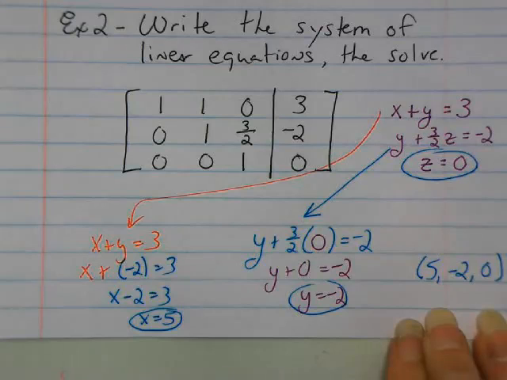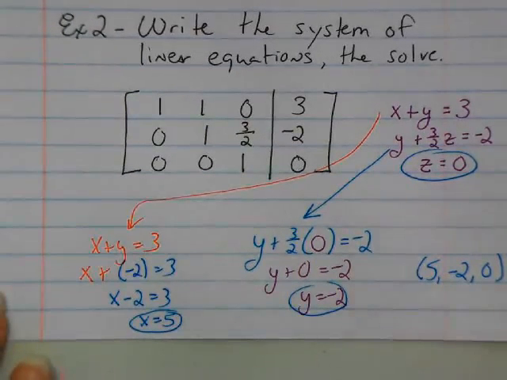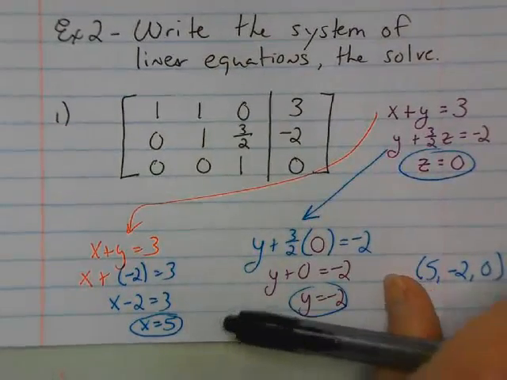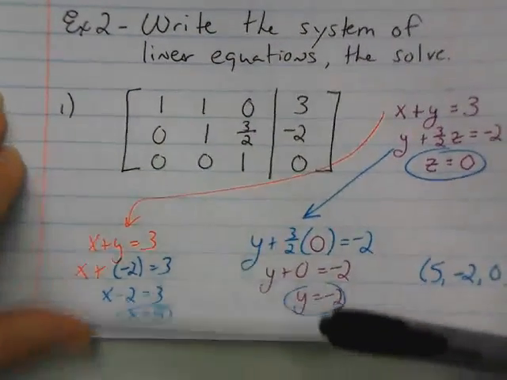But realize, not all our beautiful little equations are going to start out that nice. Let's try one more of these before we get into the real meat of the lesson. This time we're going to do a 4-row augmented matrix.